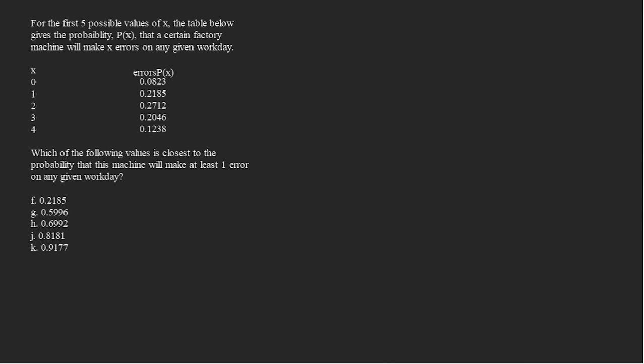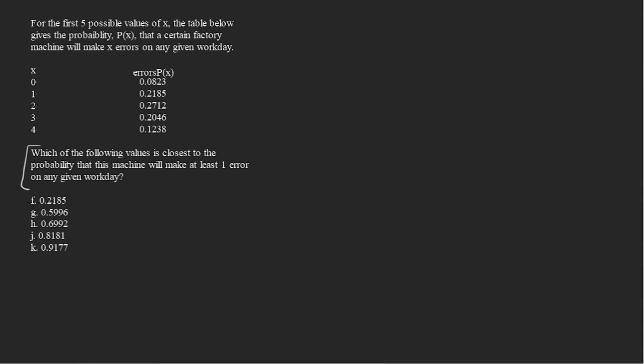Now this last problem is the same thing, but they do a little bit of a twist. So let's go ahead and take a look at this one. For each of the first 5 possible values of x, the table below gives probability p of x that a certain factory machine will make x errors on any given workday. Alright, we have our 2 columns just as we're used to.